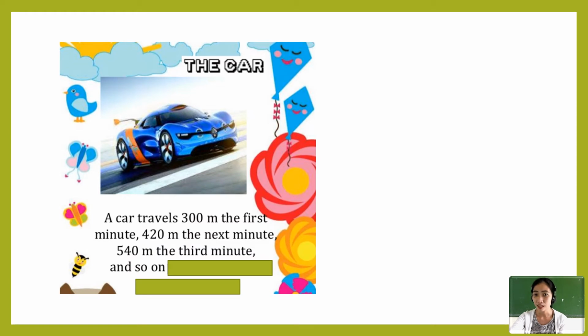It's now about a car. A car travels 300 meters the first minute, 420 meters the next minute or the second minute, 540 meters the third minute, and so on. So again, let's illustrate the sequence.